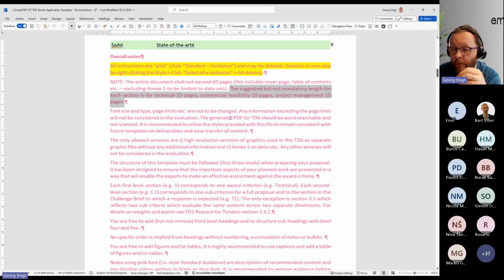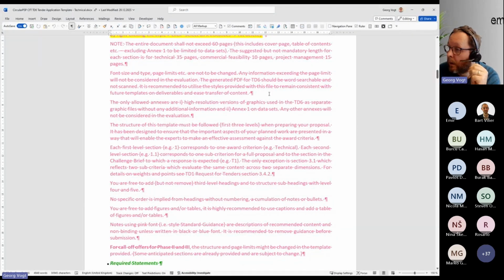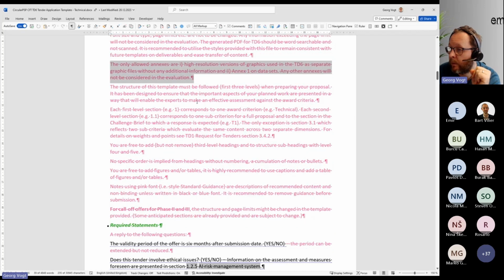You don't have to follow this recommendation. It is just an estimate. If you diverge from it, that's fine. But if you write 10 pages on the technical section and 50 pages on the commercial feasibility section, then probably something is wrong. Please just use the styles which are here. Don't change it. The annexes I already mentioned.